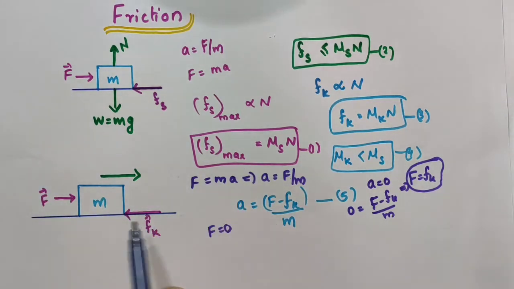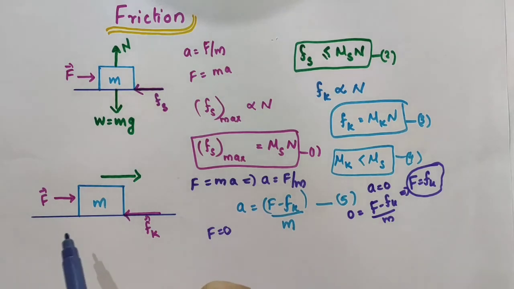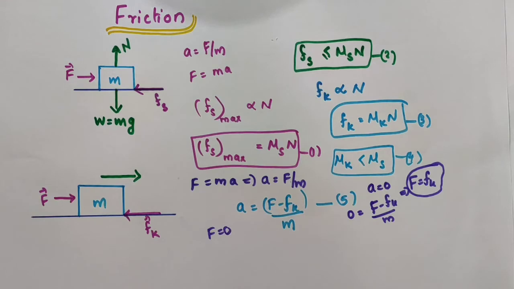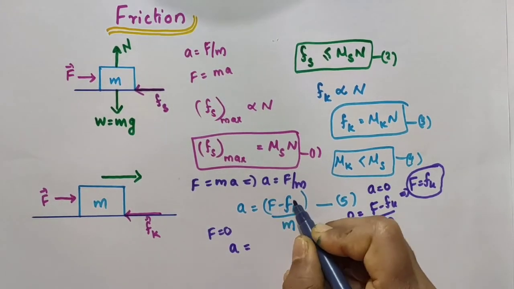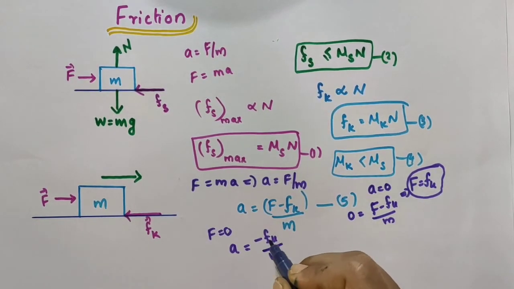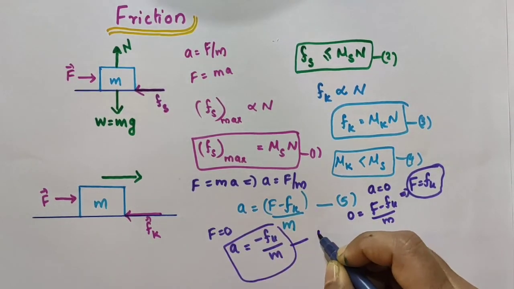Now, if we stop applying the force on the ball, that is, when F equals 0, what about its acceleration? Its acceleration becomes 0 minus Fk, that is, minus Fk divided by m, where Fk is the kinetic friction divided by mass. I am taking this as equation number 6.